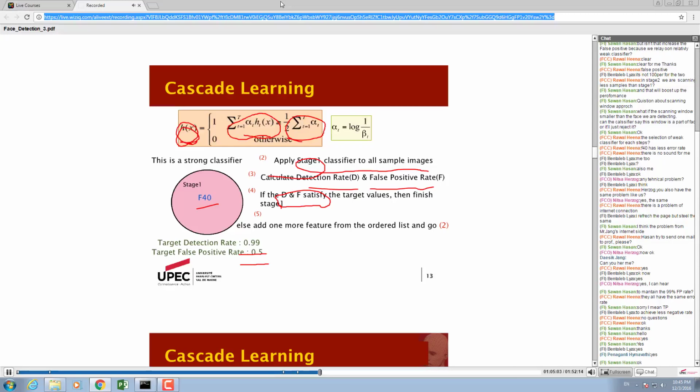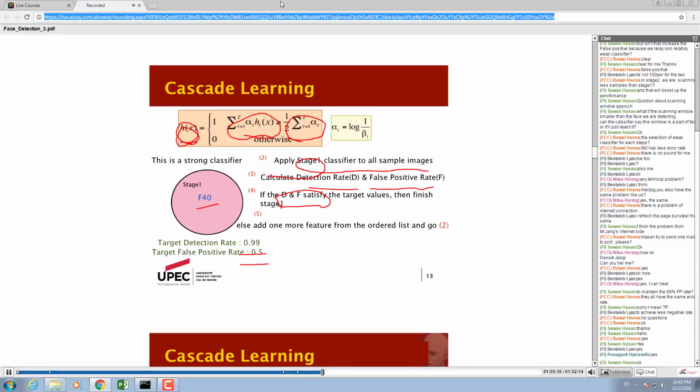But if it doesn't satisfy these numbers, for example if the detection rate is less than 99% or the false positive rate is larger than 0.5, then it means we need more weak classifiers. So we have to add one more weak classifier from the list.